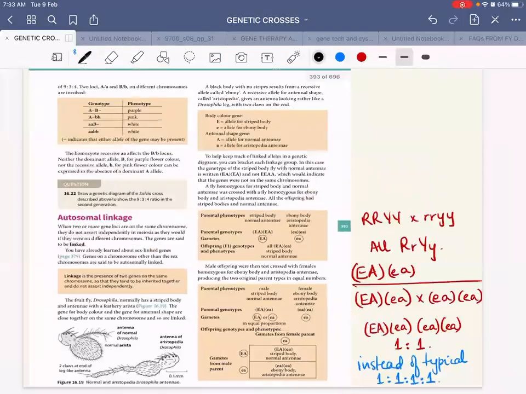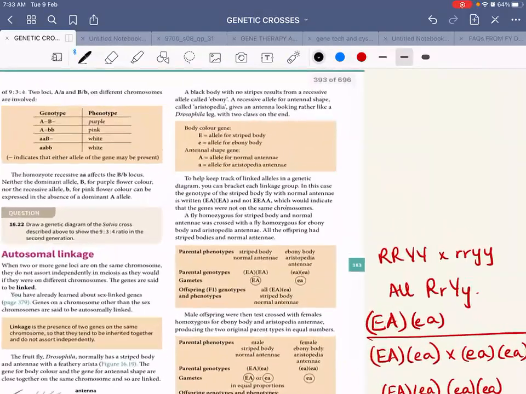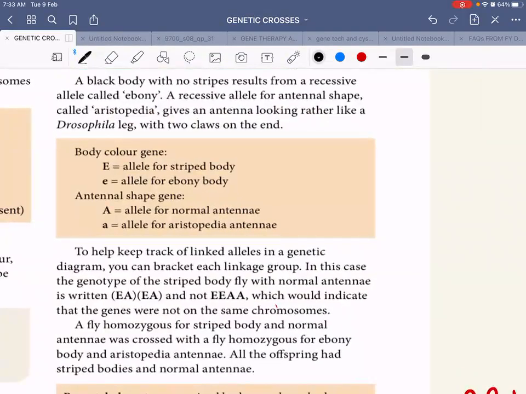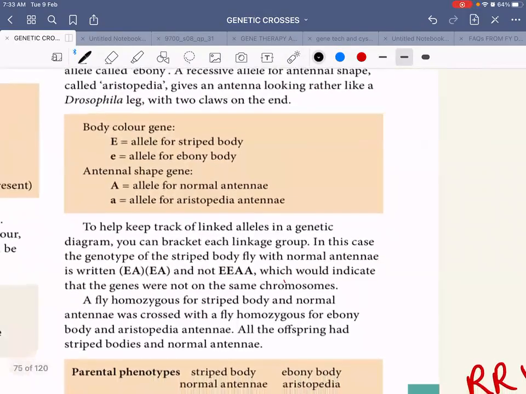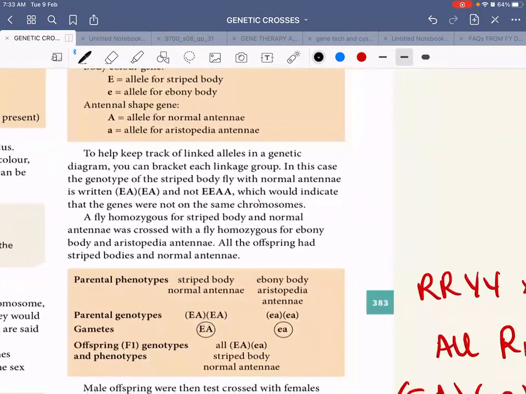And when we were doing autosomal linkage, we said that we are also concerned with two genes having two pairs of contrasting characteristics, but the difference is that here the genes are on the same chromosome, they are linked. And since they were linked, we put them into brackets.